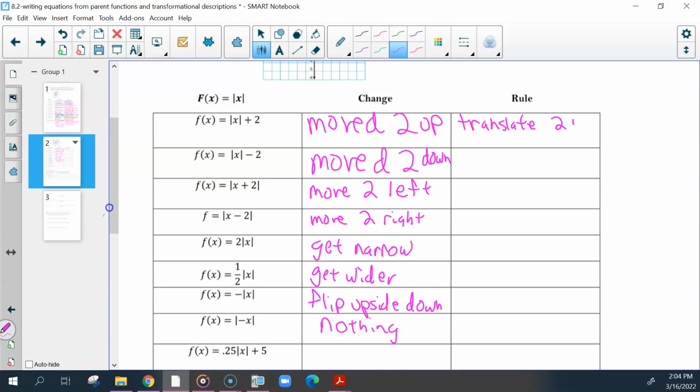translate up, translate down, translate to the left, translate 2 units to the right.